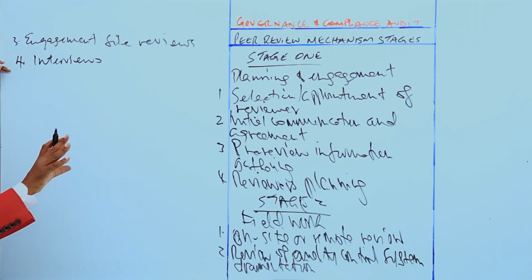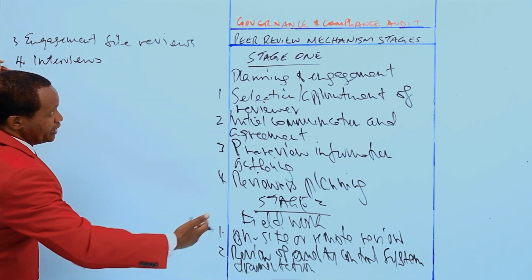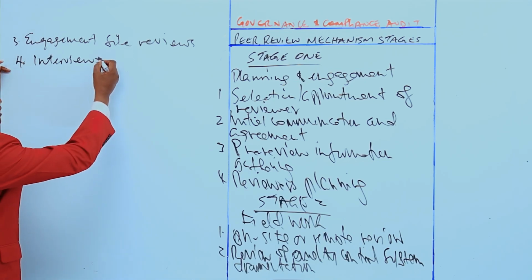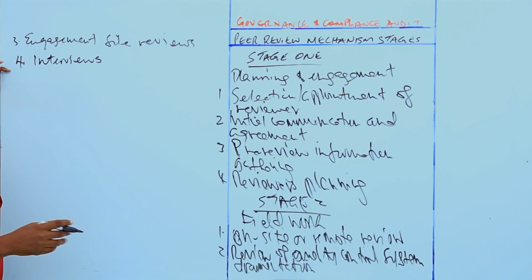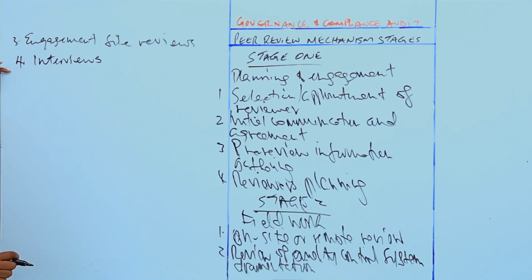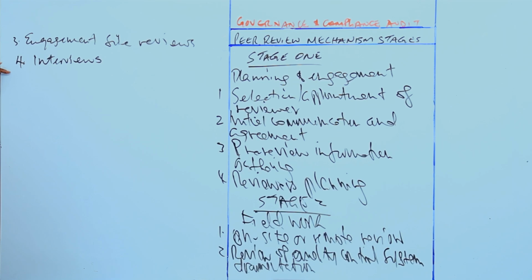Here we are talking about the personnel of the audit firm because we are reviewing the work that is done by the auditor. So interviews are conducted with the staff of the audit firm. You understand? And these interviews aim to confirm understanding of policies, to assess practical application, and gather insights into the audit firm's culture of quality.